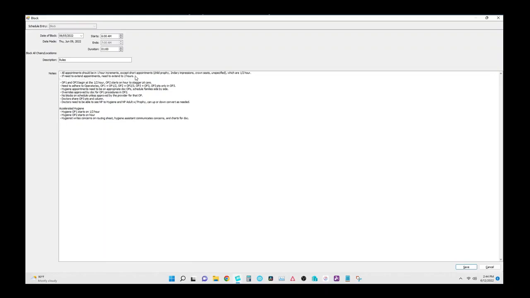I'm going to add just another rule here. If you need to do a combo appointment, meaning let's say that you're doing fillings and an SRP, you're usually going to put both of those appointments and shorten them to the length that they need. So if you can do fillings and an SRP all in the same appointment and you can get it done in an hour, then you're going to put the filling, let's say it's just an occlusal or a buccal, for a half an hour, and then put the SRP, let's say that you're doing just one quad of a limited SRP, at a half an hour, okay?